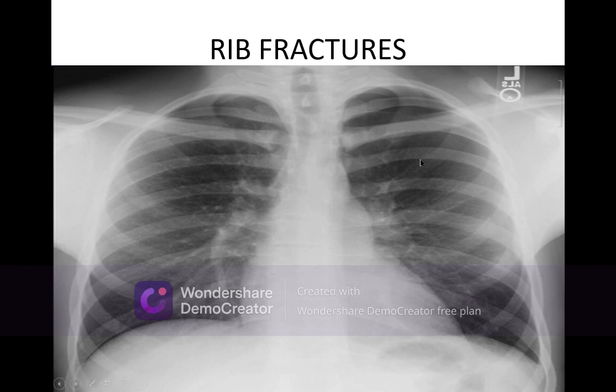Usually, it is visible to many people only when there is displacement of the two parts of the rib. One is displaced here, one is displaced there. It is a clear-cut displaced fracture. It is not a displaced fracture here.